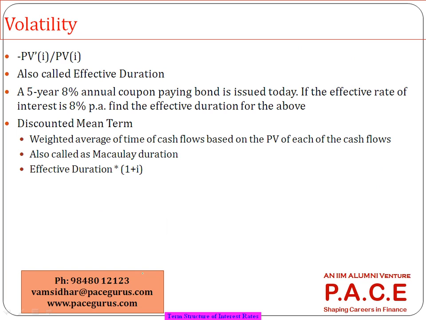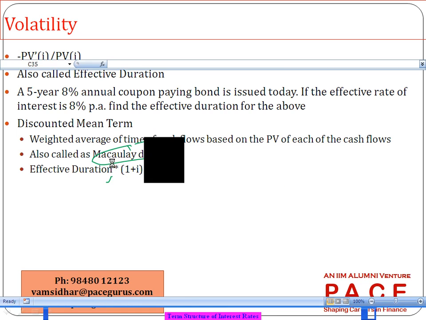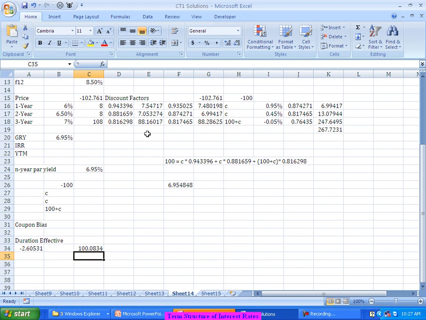While the earlier one was called the effective duration, we are also calling something a Macaulay duration, which is nothing but the weighted average of the time with the discounting factor. These discounting factors assume the gross redemption yield.